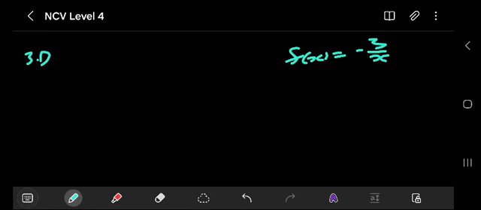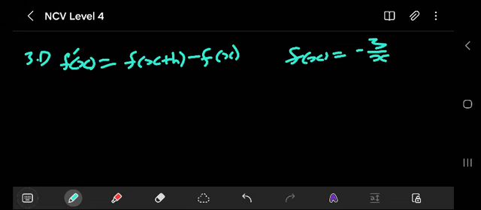we know that the formula for first principle states that f of x prime is equal to f of x plus h minus f of x, all over h, provided that the limit as h tends to 0.